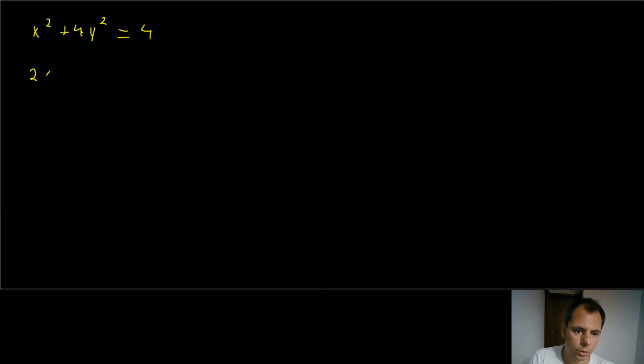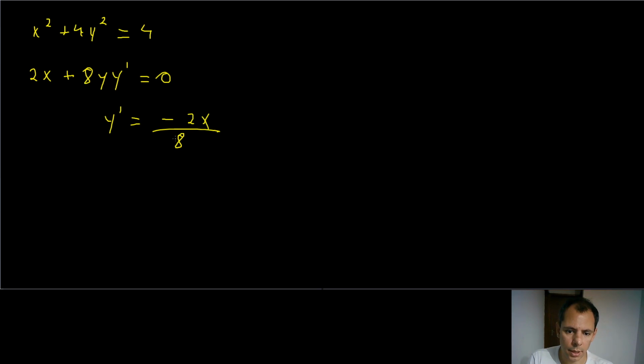So 2x plus 8y y prime equals 0. Okay? And then you want the y prime, right? Because you want to know what the differentiation is. So y prime is going to be equal to minus 2x divided by 8y. Simplifying this by 2, it's going to be equal to minus x over 4y.